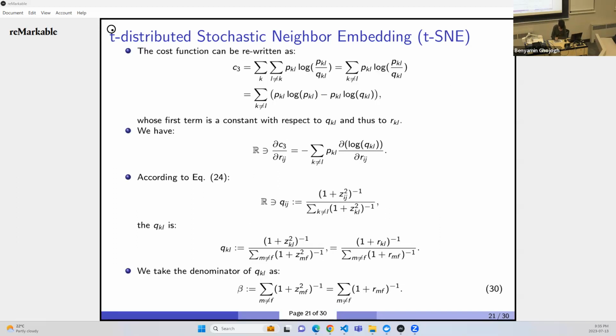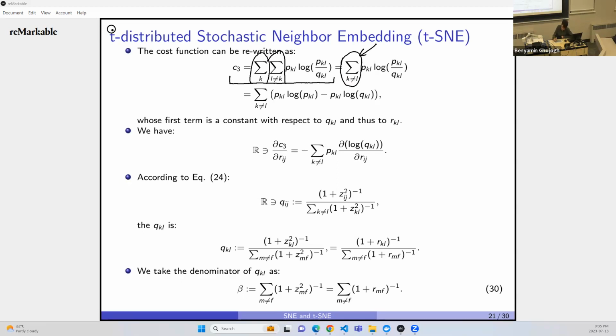The cost function which we had, C3, can be rewritten as this. How? Here I have a summation over k, and again a summation over L, which is not equal to k. So I can absorb these two summations and write them as one summation over k not equal to L. Okay.